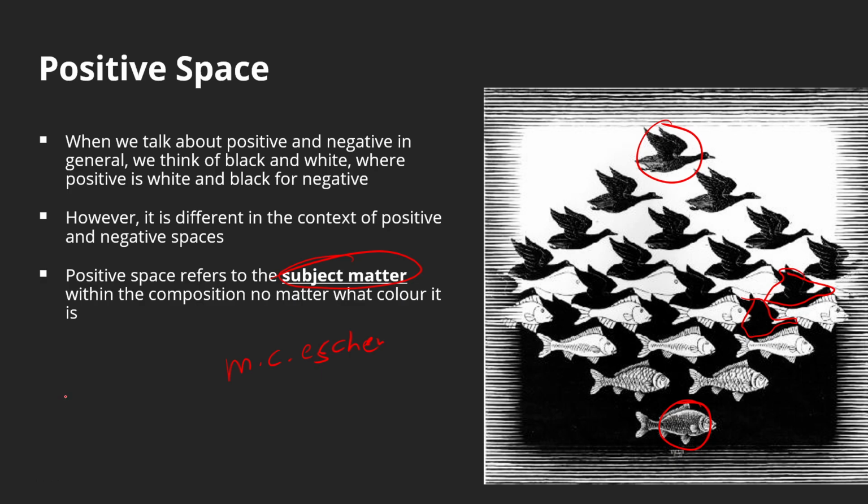And how the fish is a positive space and then a negative space. So you see, that's how this guy is very, very smart. This MC Escher knows very cleverly how to work with positive space and negative space, how to work with subject matter and the background.